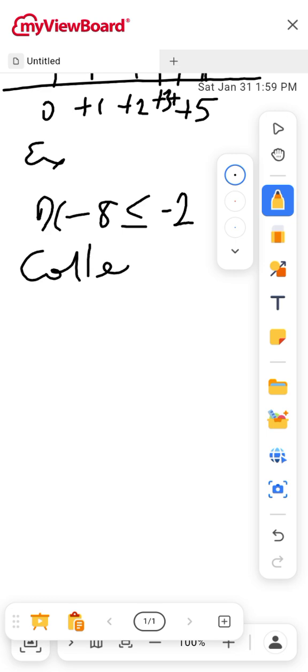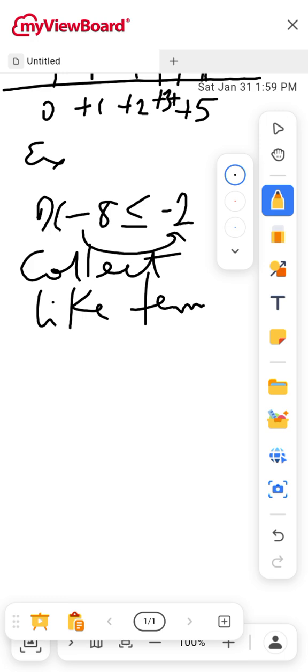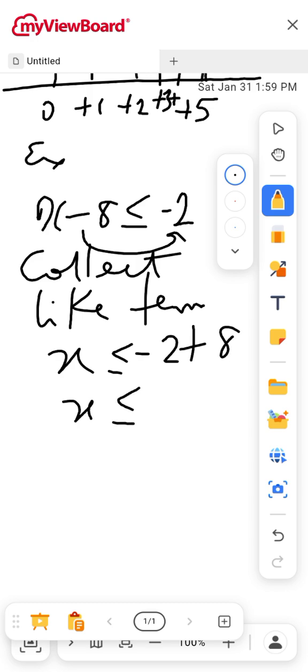Minus 2 and minus 8 are ordinary numbers. So I have x less than or equals to minus 2. When minus 8 crosses over, it turns to plus 8. So I have x less than or equals to, I'm owing 2 naira, I have 8 naira, that will be plus 6.